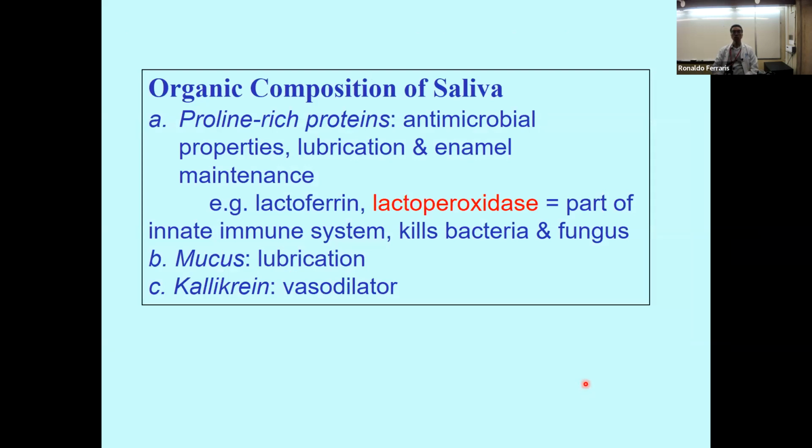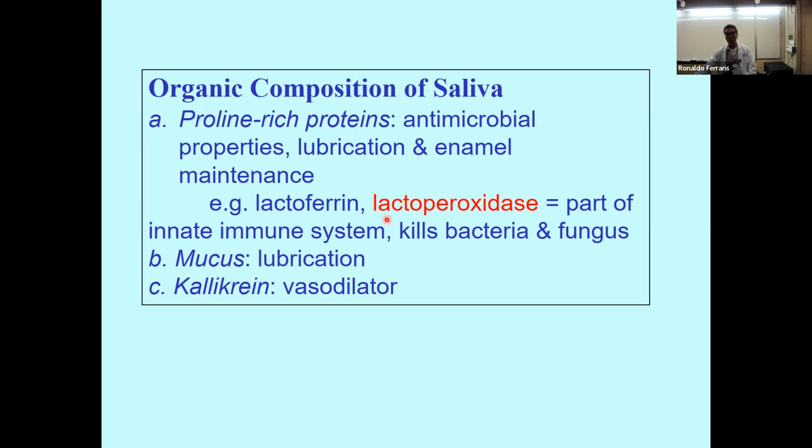So now let's switch to the organic composition of saliva. There's, of course, numerous kinds. We have proline-rich proteins. These are various proteins that have various functions, from antimicrobial to lubrication, like mucus, for example, enamel maintenance.